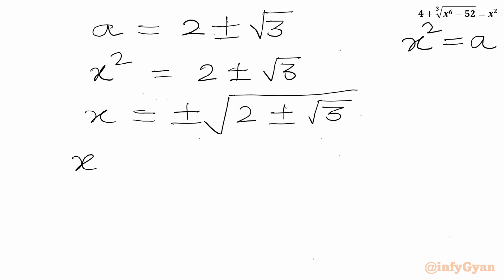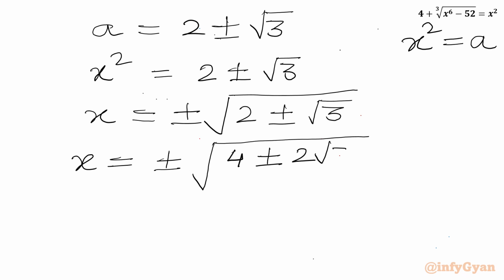Now I can write x will be equal to plus minus square root of. Let's multiply numerator and denominator by 2. So I will write here 4 plus minus 2 root 3. Numerator is multiplied by 2. So denominator will be 1 times 2 is 2.